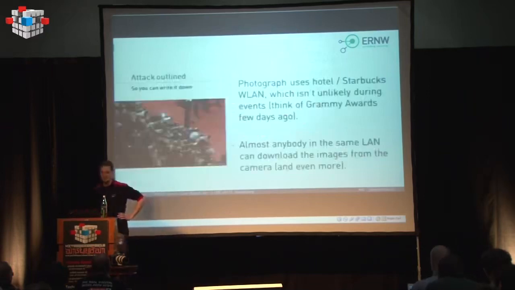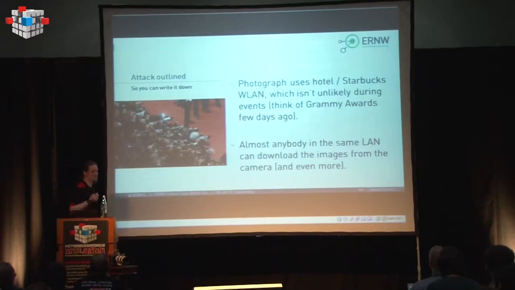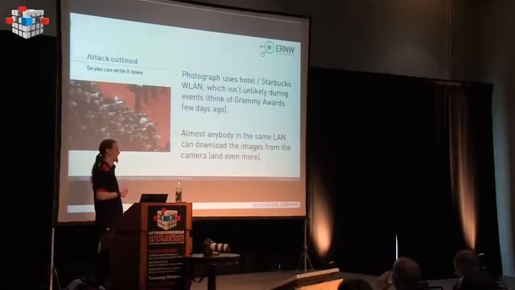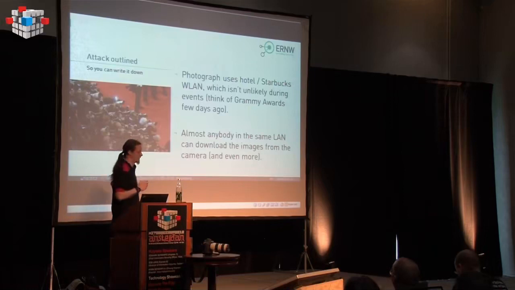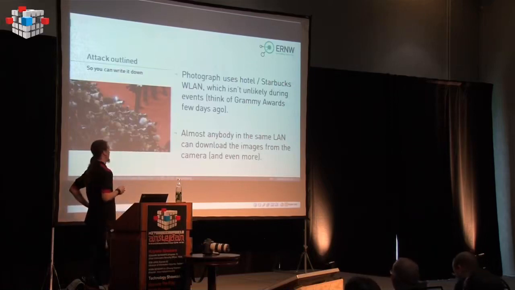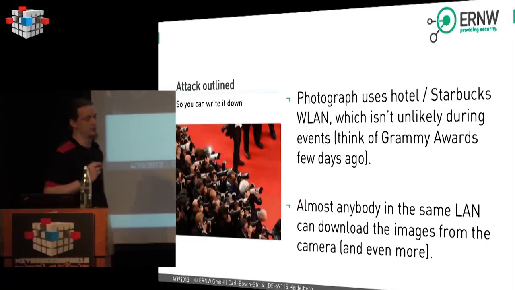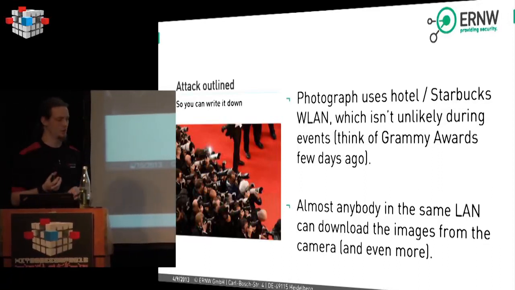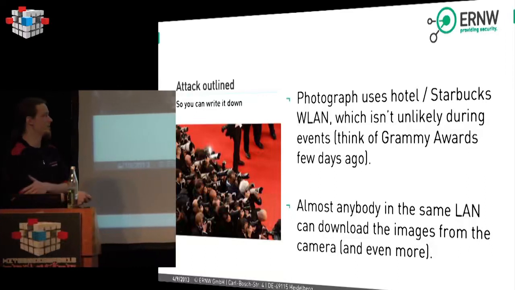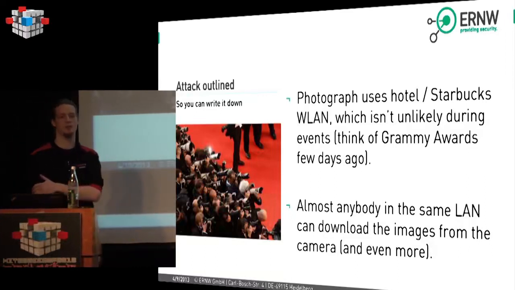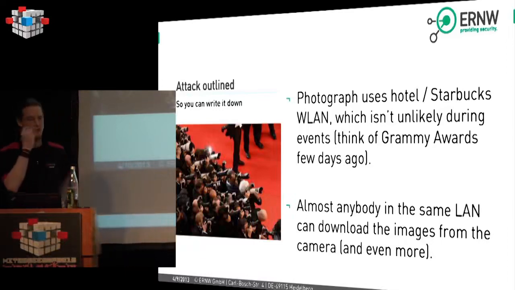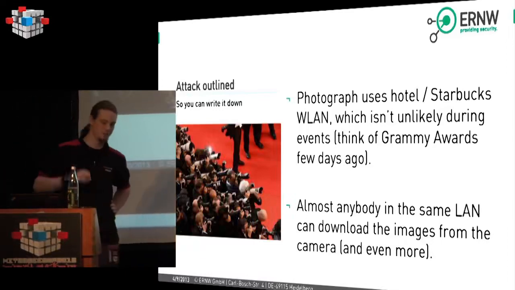Okay, so what does this mean? If some photographer is using an unsecured network, like your hotel's WaveLAN or the hotspot in the next Starbucks or some other network, which isn't very unlikely, just think about some big event, then almost anybody with just a little bit of knowledge in the same network is able to download images from the camera, and in some communication modes, he's even able to do more nasty stuff, like start the recording of a video, get all the audio out of the video.